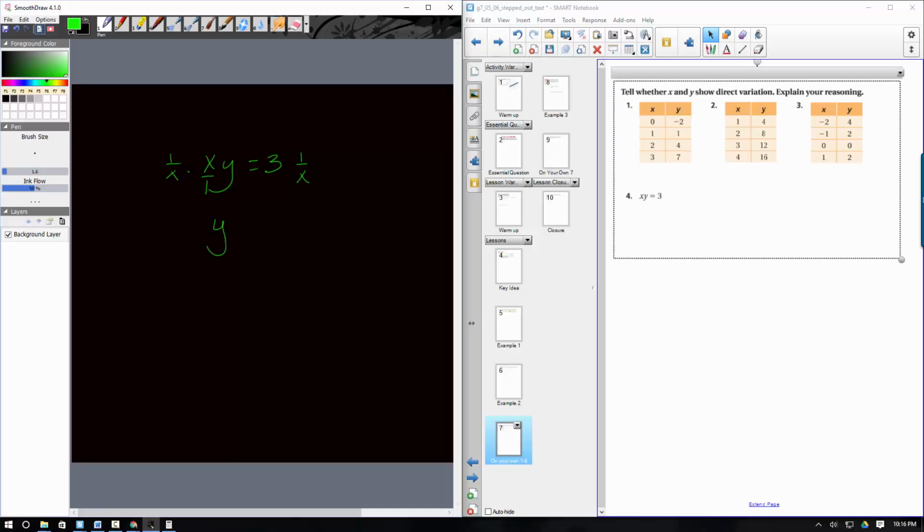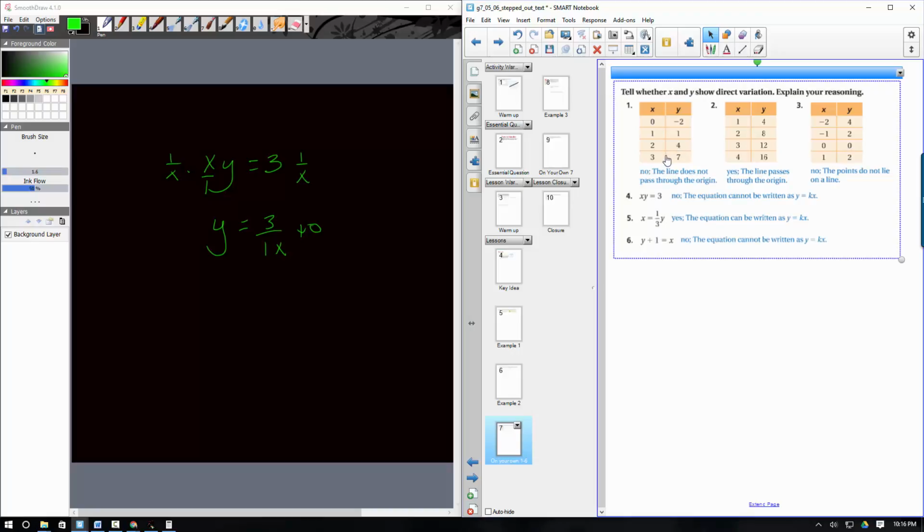And I would get y equals 3 over 1x plus 0. So that would work. This here would be y equals 3x. That would be. And this one here, I'd have to subtract the 1, and it would not start at 0, 0. So I would say no, yes, yes, yes, yes, no. So no, yes.